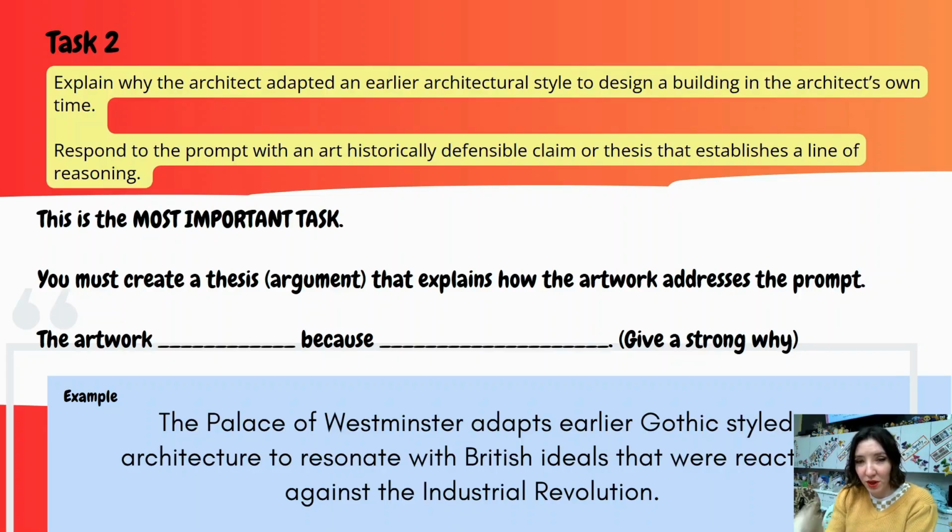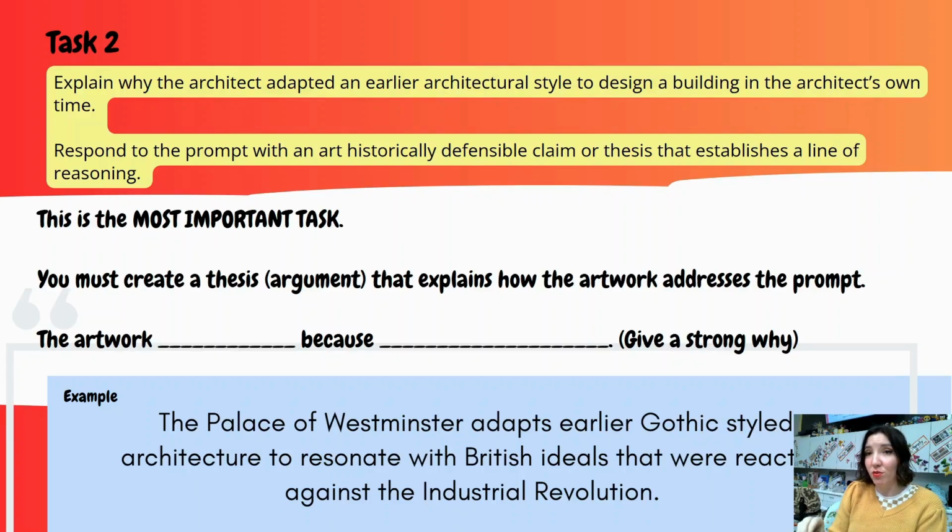So with the thesis, again, the task says, explain why the architect adapted an earlier architectural style to design a building in the architect's own time. Usually, you can say the artwork blank because blank for a thesis. So the artwork, in this case, the Palace of Westminster, and then I can use the prompt as my sentence starter.